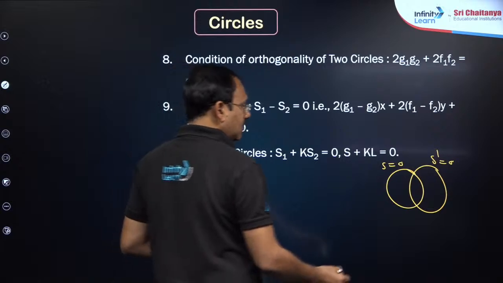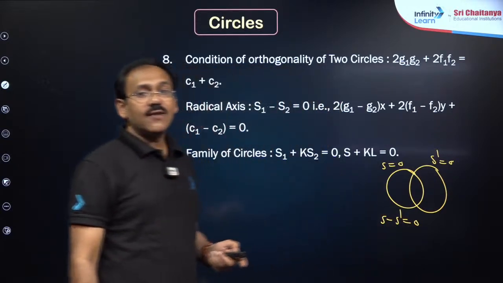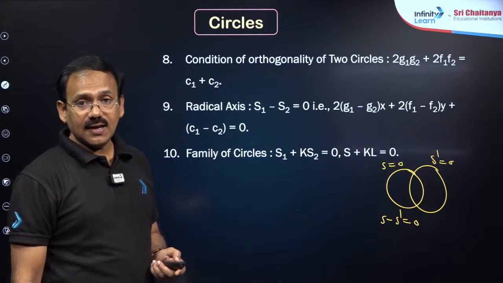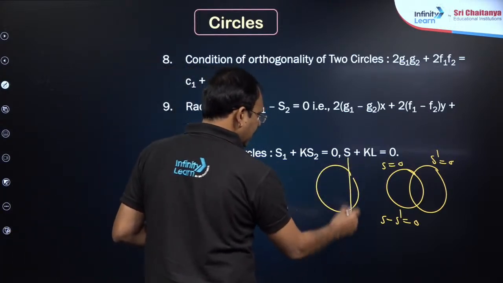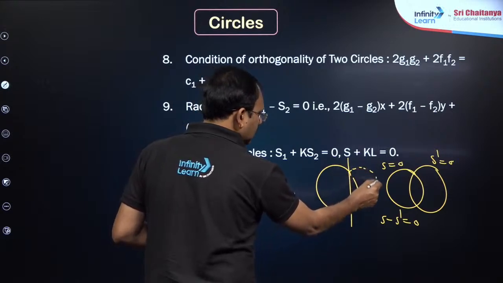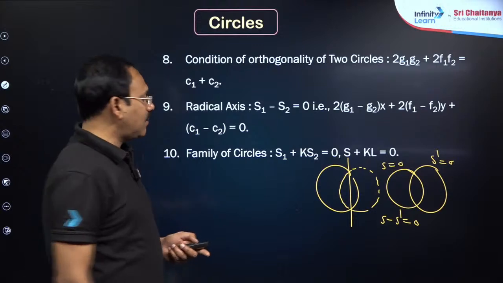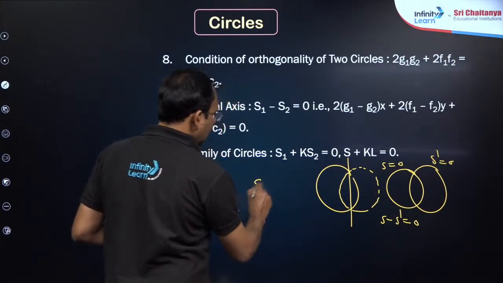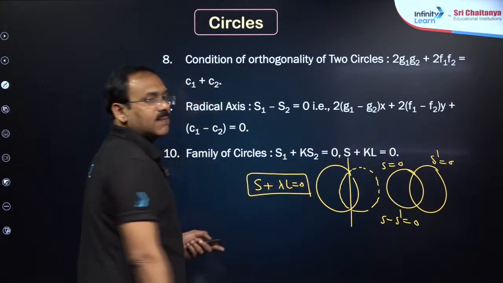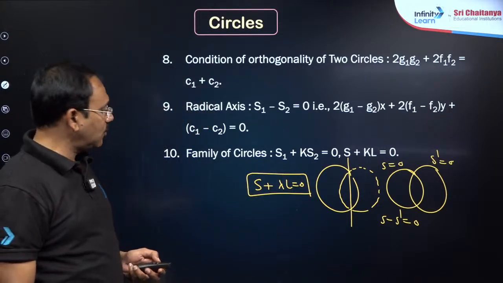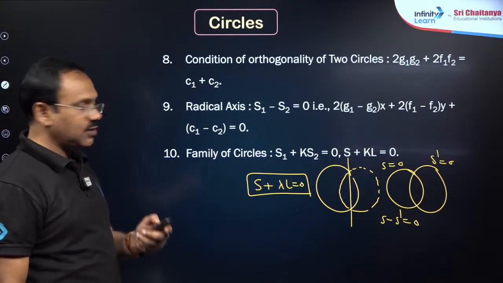You just find S minus S dash is equal to 0, which will give you a line called radical axis. If a circle and a line are given, any circle passing through the point of intersection of these two can be written as S plus lambda L is equal to 0. S plus lambda L is equal to 0 gives any circle passing through the point of intersection of these two.